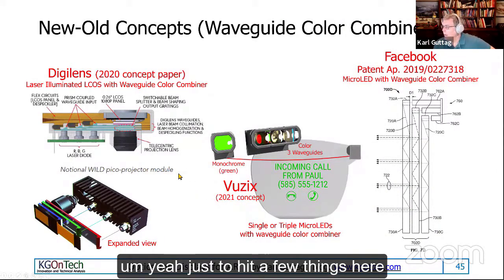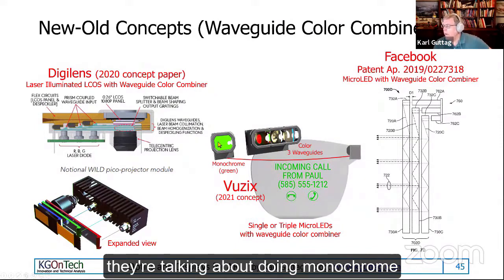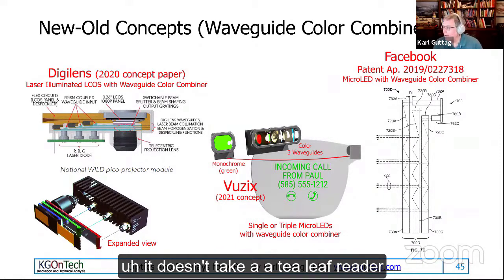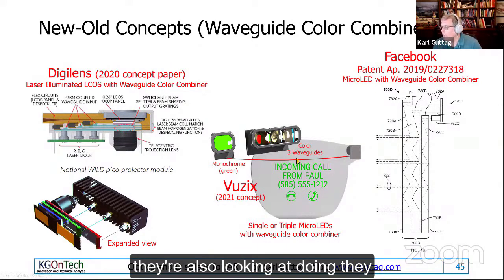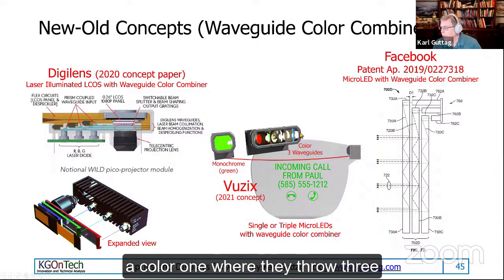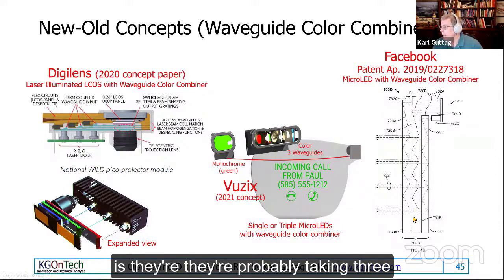Just to hit a few things here. This is from a Vuzix video. They're talking about doing monochrome green. I have not been told, but it doesn't take a tea leaf reader to figure out they're probably using Jaybird. They also showed in their video a color one where they use 3 stacks. I think what they're doing is probably taking 3 waveguides.